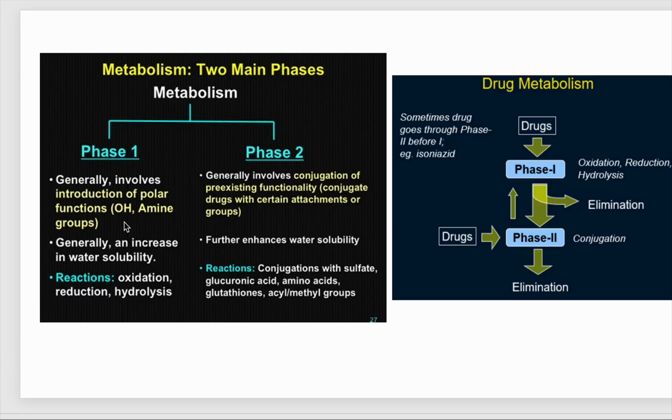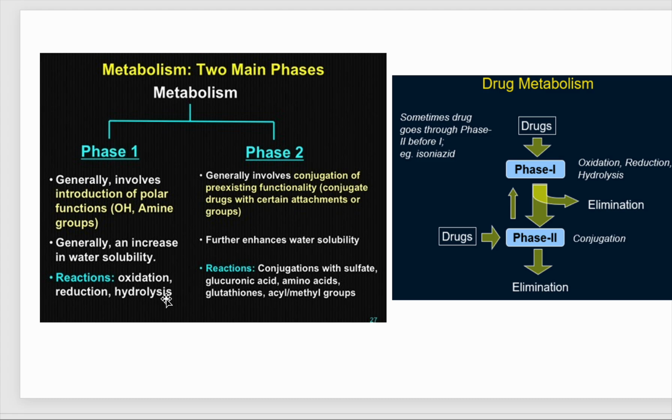Let's discuss this. Metabolism has two phases, phase one and phase two. Phase one generally involves introduction of polar groups like OH and amine groups, and it's generally to increase the water solubility. The reactions that take place in phase one are oxidation, reduction, and hydrolysis.